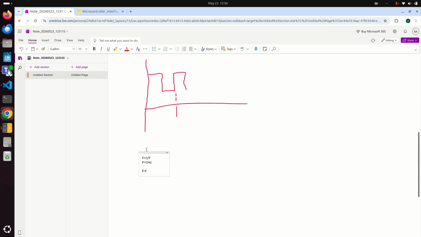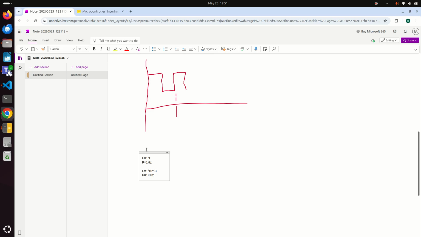Let's substitute 1 divided by 1 into 10 to the power minus 3. So 1 divided by 10 to the power minus 3 is how much? 10 to the power 3, right? That is nothing but kilo. So we got the answer 1 kilohertz.